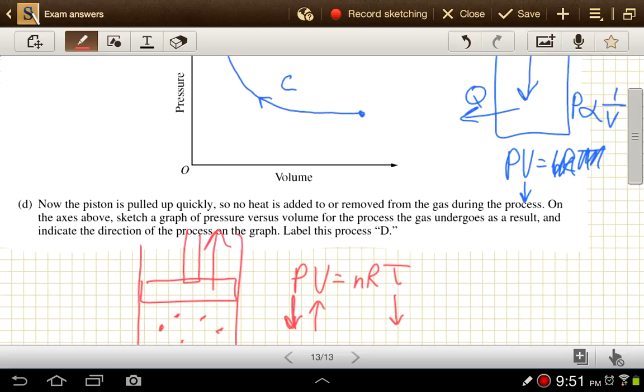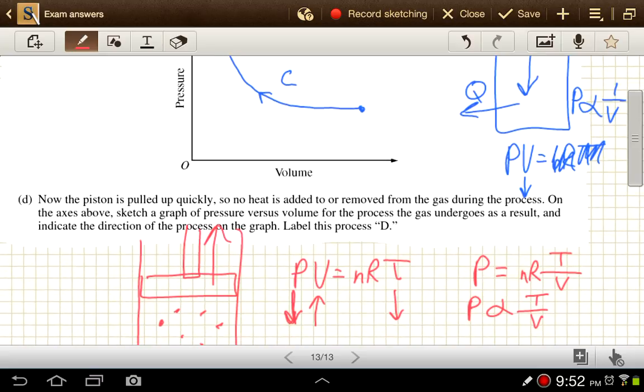It still would have dropped there, but not as rapidly. So now we've got pressure is equal to nR times T over V. And so pressure is proportional just to T over V. T is decreasing and V is increasing, and so P is going to be decreasing a lot.